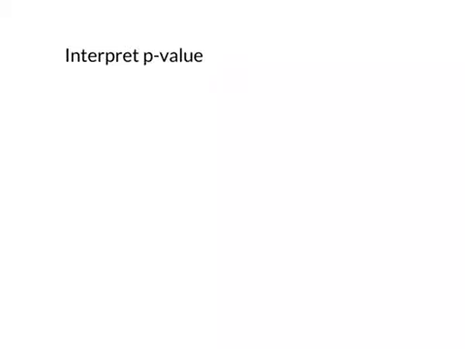I have seen free response questions where it just asks you to interpret your p-value. Okay, so this is a really important concept. Do you really understand what you're calculating? This is the probability of getting our sample if the null hypothesis were true. So, this is how we're going to state it.